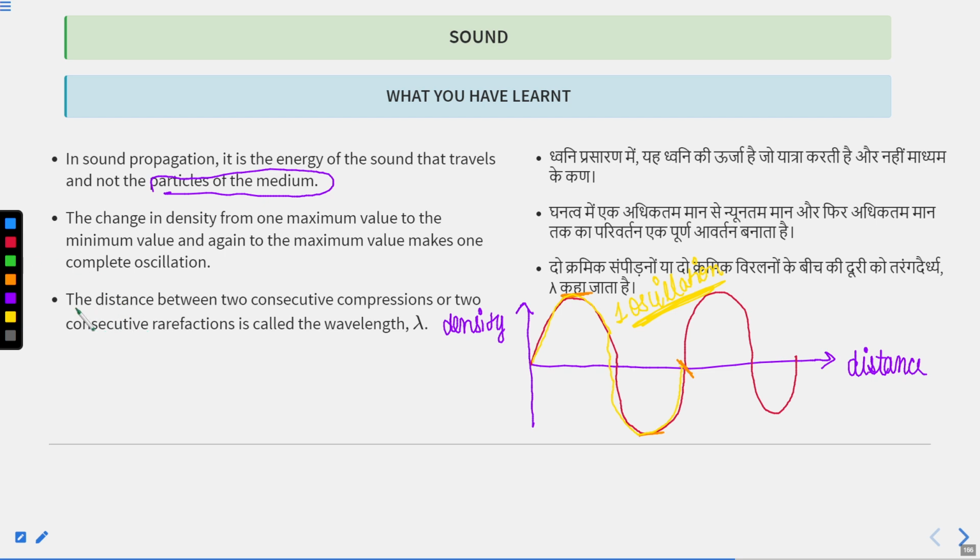The distance between two consecutive compressions or two consecutive crests or two consecutive rarefactions or two consecutive troughs is called wavelength. Lambda is the symbol of wavelength and its SI unit is meter.